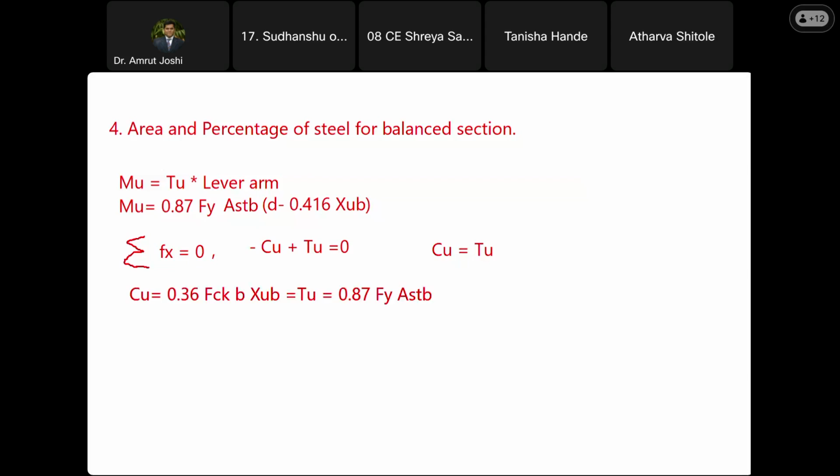So can I now get the expression for ASTB? ASTB therefore must be equal to 0.36 FCK B XUB, divided by 0.87 Fy.